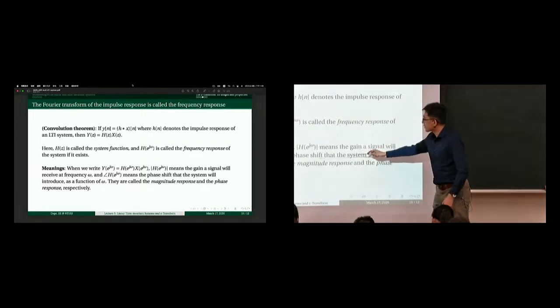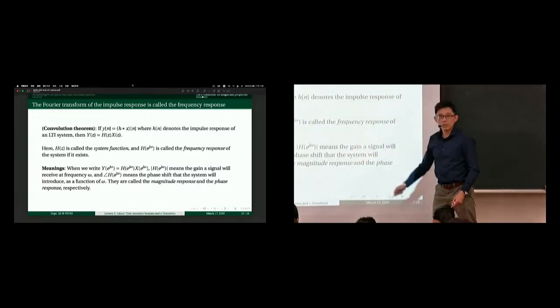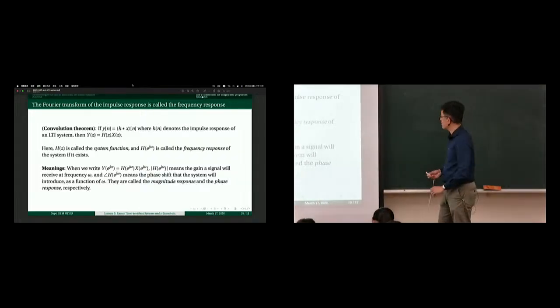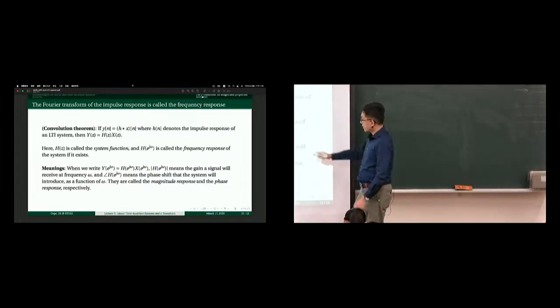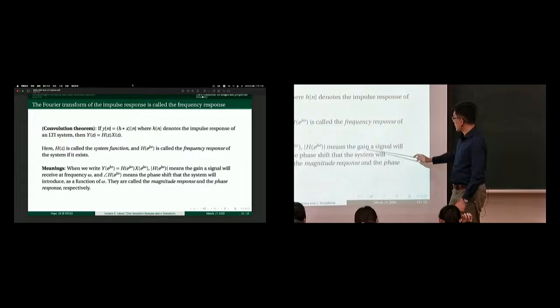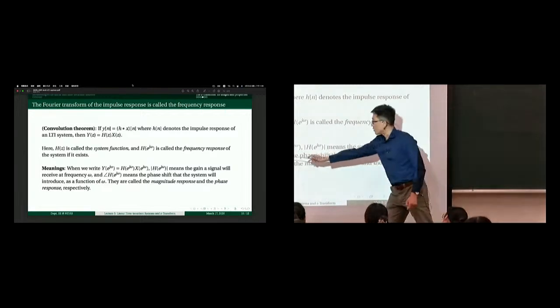I often say absolute value, but in complex theory it should be modulus. Anyway, taking the absolute value gives us the gain which a signal will receive at frequency omega.